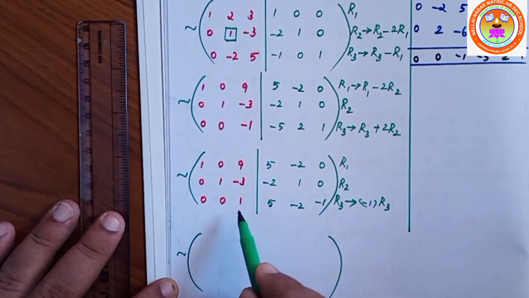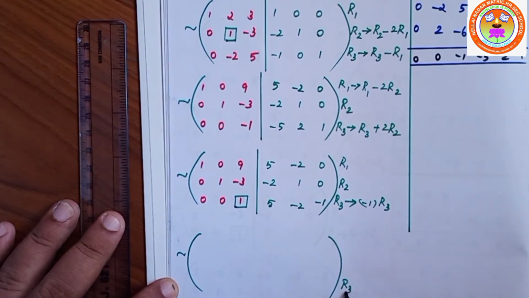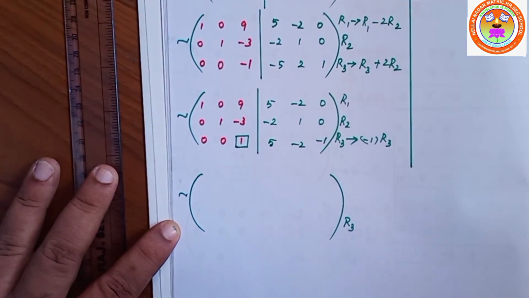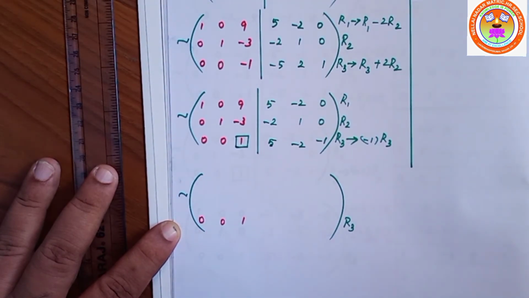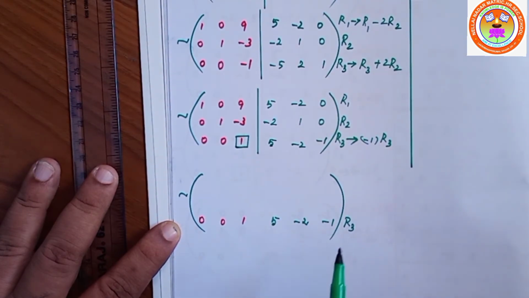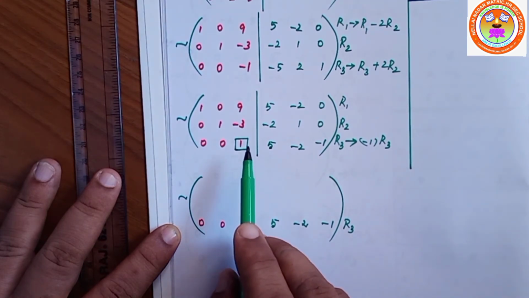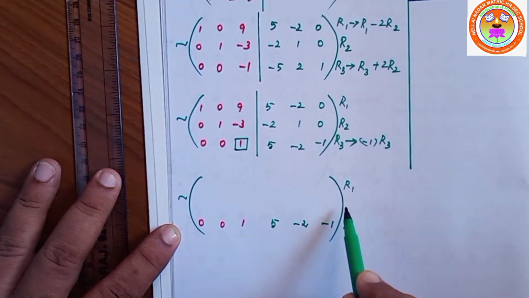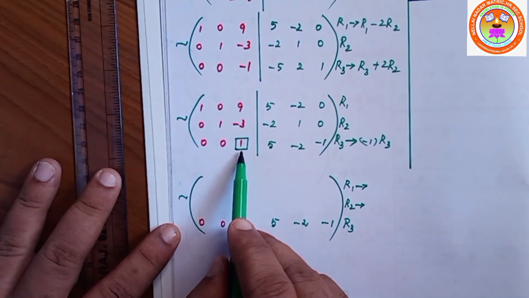Here we have 1 in the third row, so R3 has no change at all. Write R3 as it is: 0 0 1, 5 minus 2 minus 1. Now I have to change R1 and R2 with the help of this element.